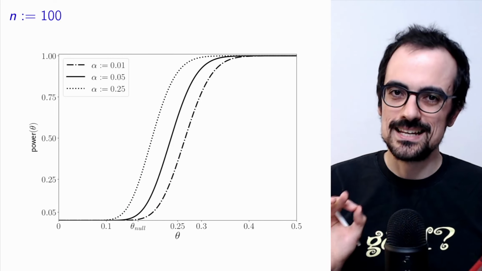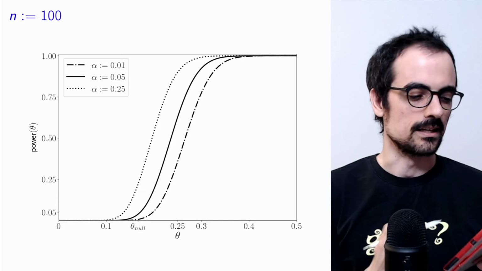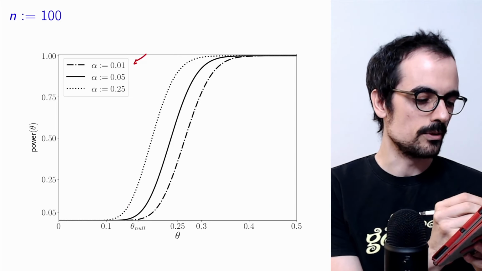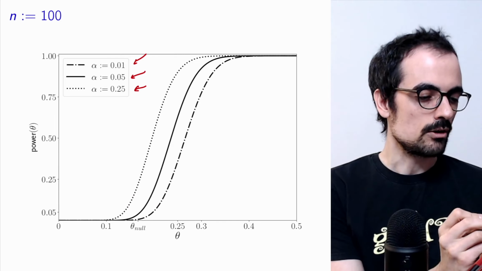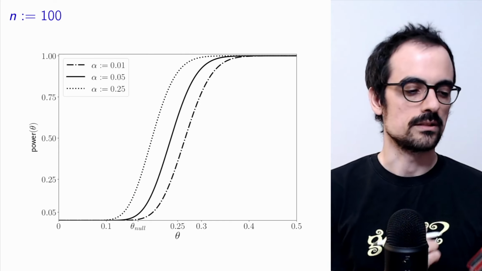And now we're going to take a little bit to really understand what the power function is telling us. We're showing you the power function for three values of alpha: 0.01, 0.05, and 0.25. Now let me go back to this point about the null hypothesis and the alternative hypothesis.